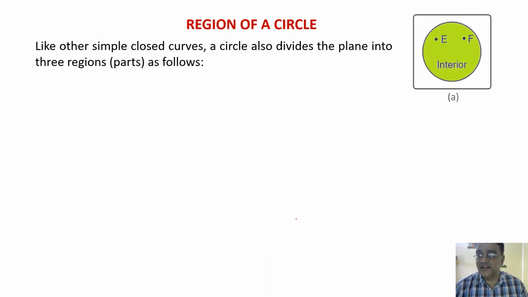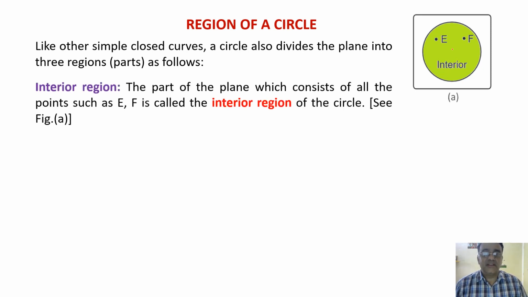The first one, interior. This green colored portion, whatever points lie inside the circle, that comes under interior. The parts of the plane which consist of all the points, such as in this figure E and F, is called the interior region of the circle.